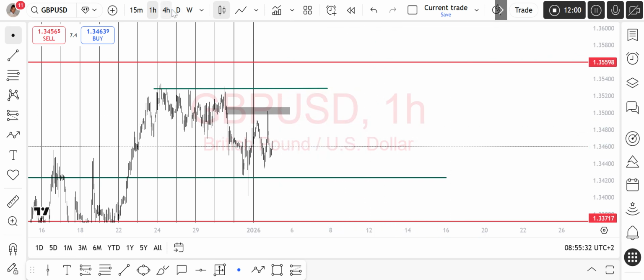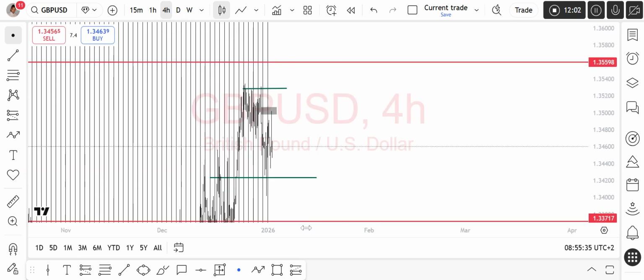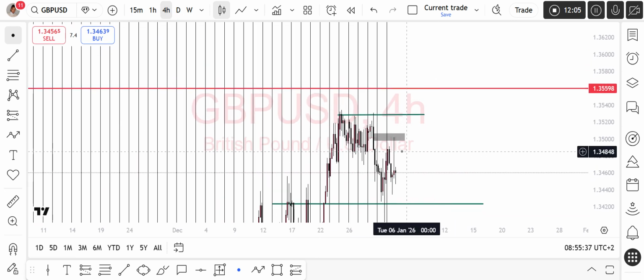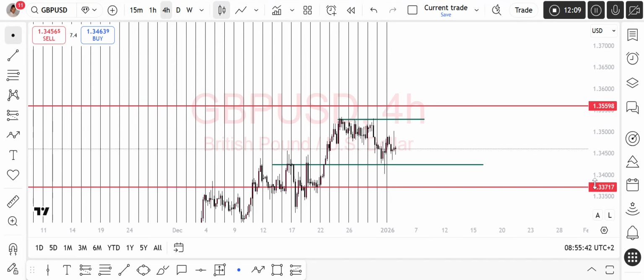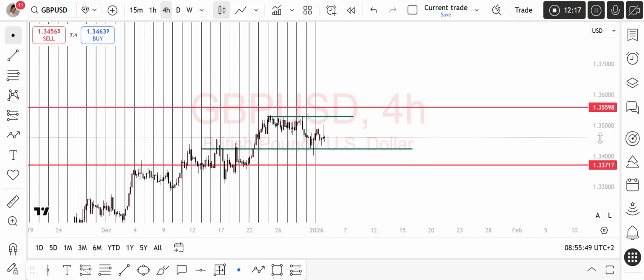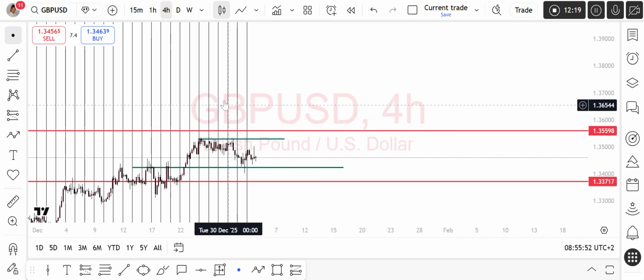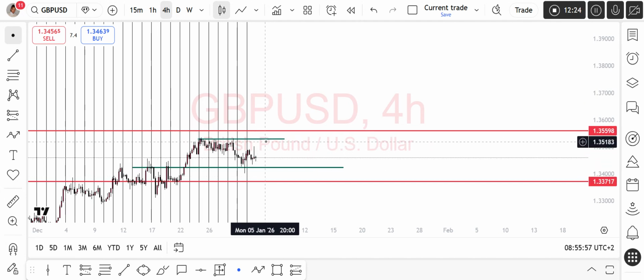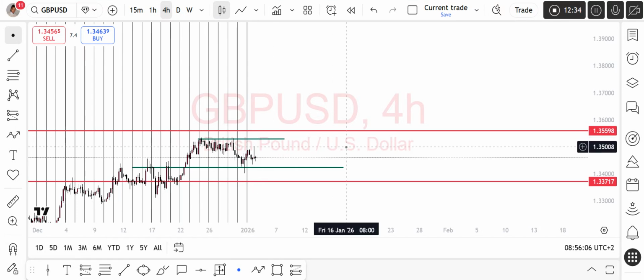But then, if I wanted a high probability trade, I would just wait for the market to break either one of these black areas, and then I will react based on that. I want market to break either one of these areas, or come to those areas, and then I will see what kind of price action market creates from there, and then I will take it from there.